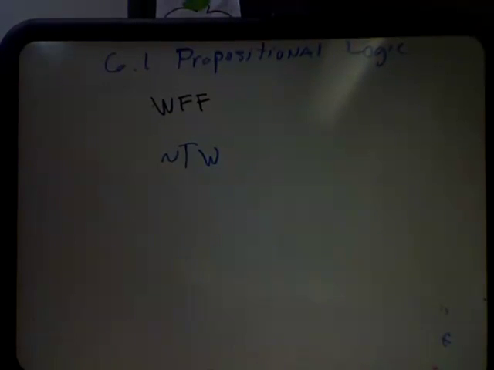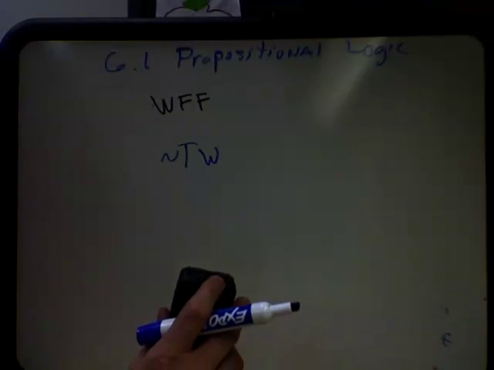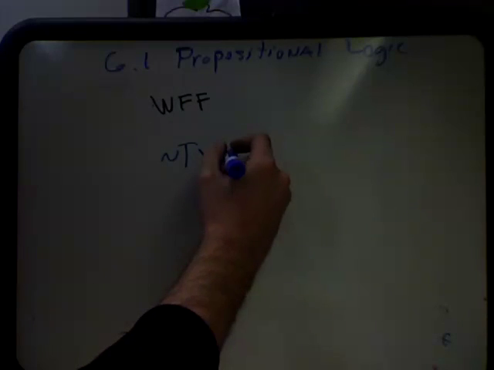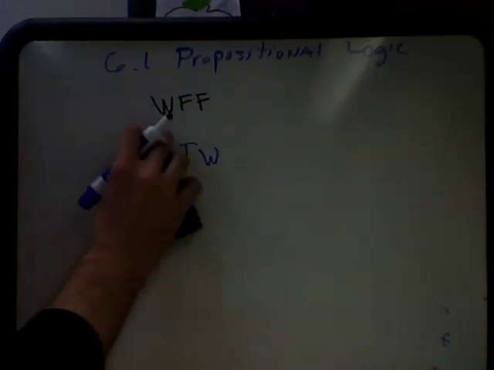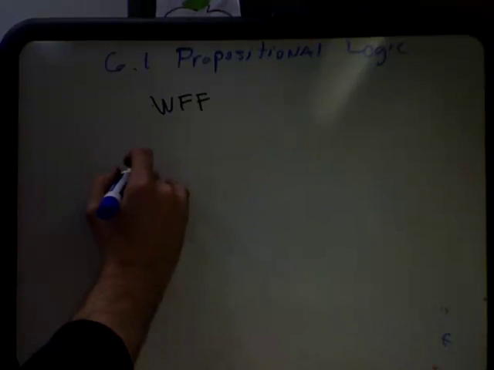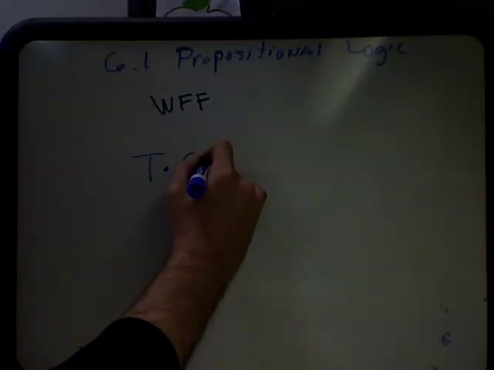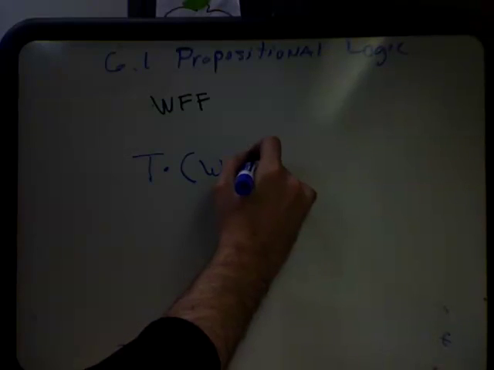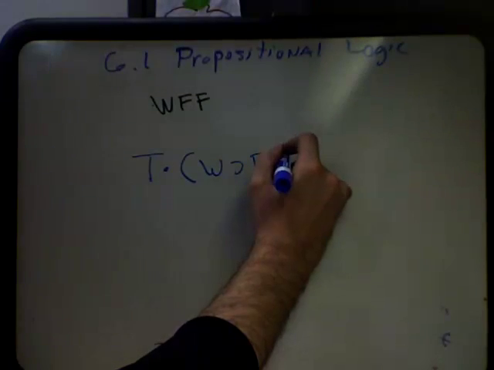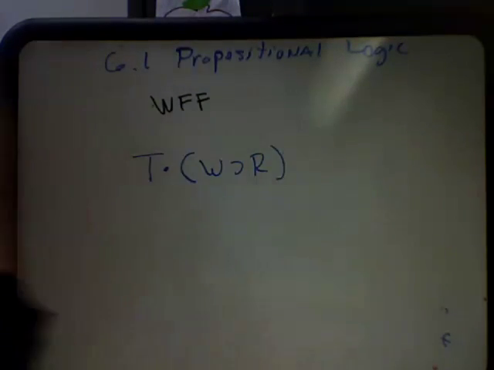But we can use parentheses to fix that, right? Such that we might say, for instance, let's do another example here. You could say you have T and, W then R, right? You could do this.